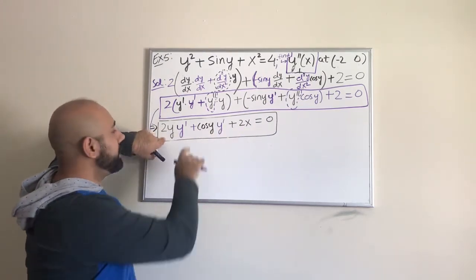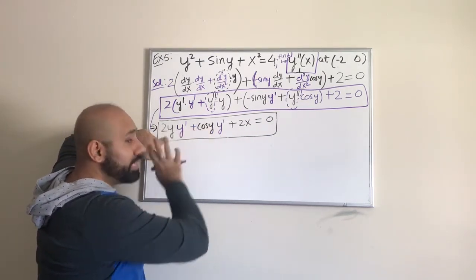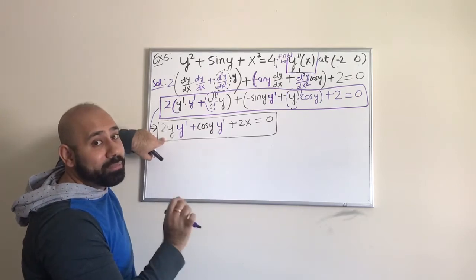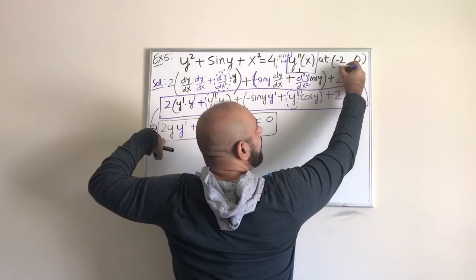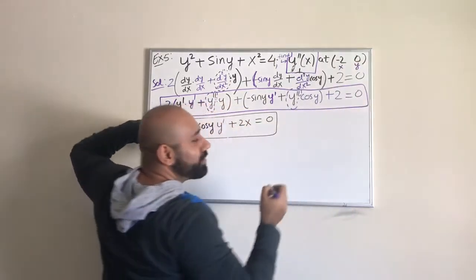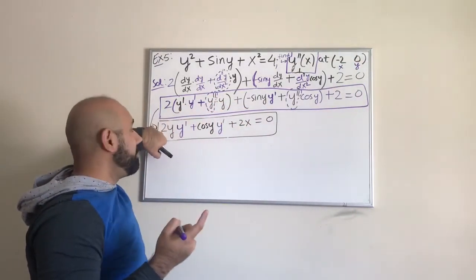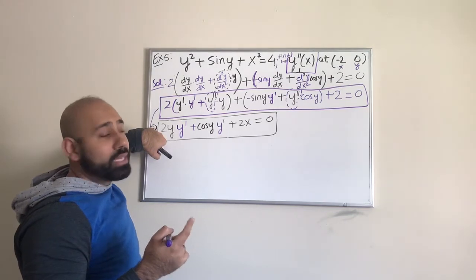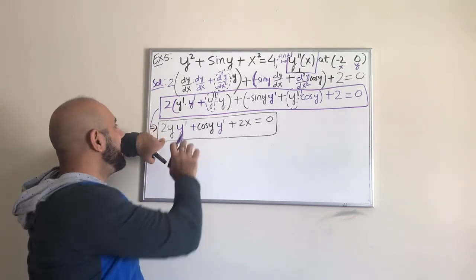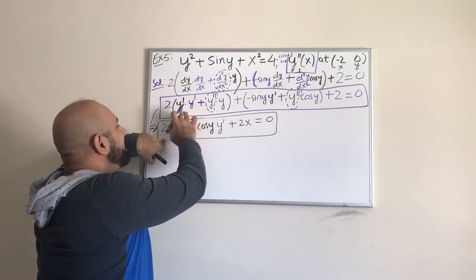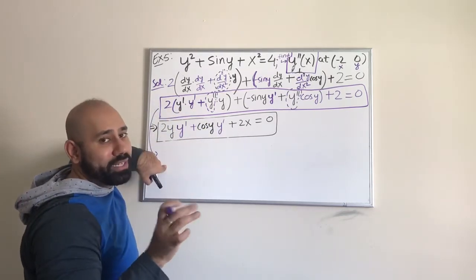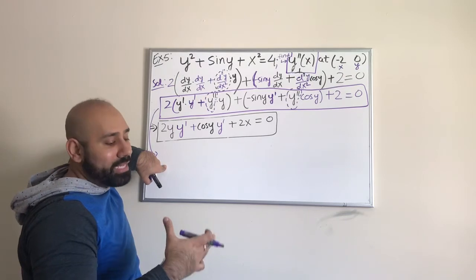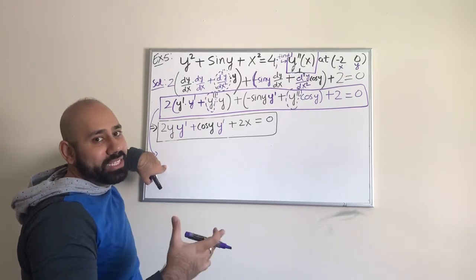In this equation, without even trying to isolate y prime right away, if I substitute x and y values, I should be able to solve for y prime, yes, the derivative of y with respect to x. So what I did here was, looking at this, I realized I need y prime. I went back to this equation.